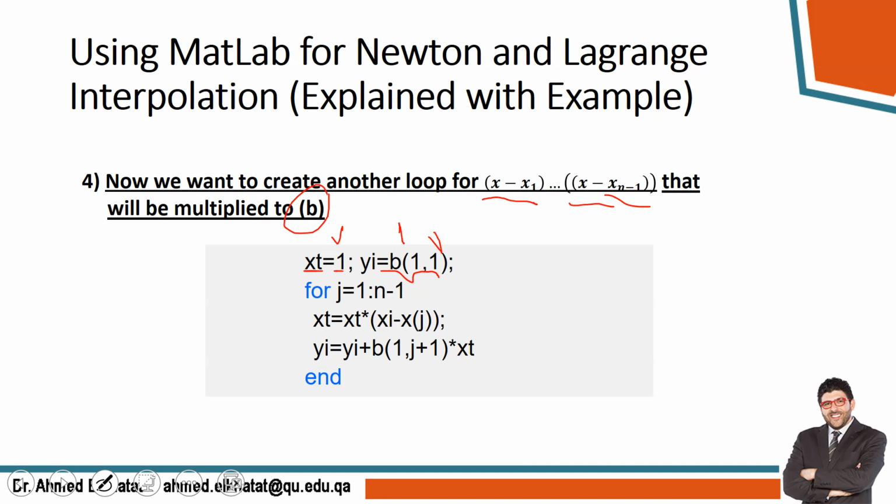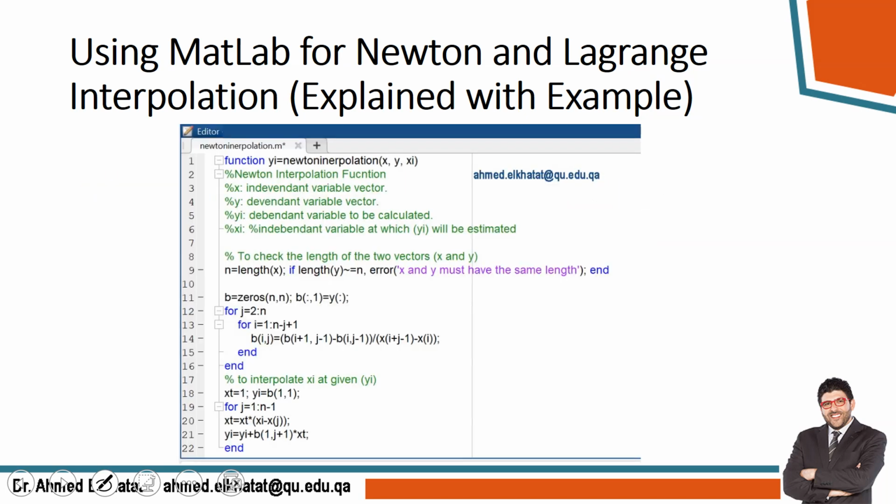So now for g from 1 until n minus 1, xt will be xt times (xi minus xj). We finish this step. Then we find y. The y for interpolation will be yi equal yi, the first value, plus p(1, j plus 1) times xt, end. So this is the full script.